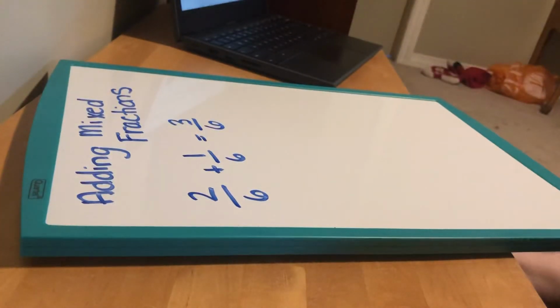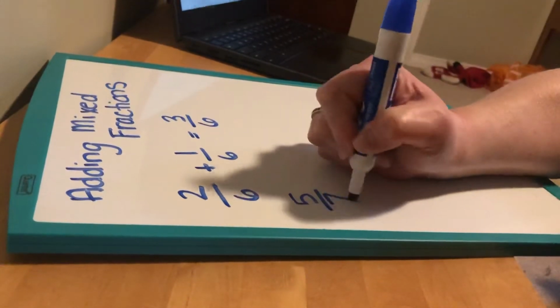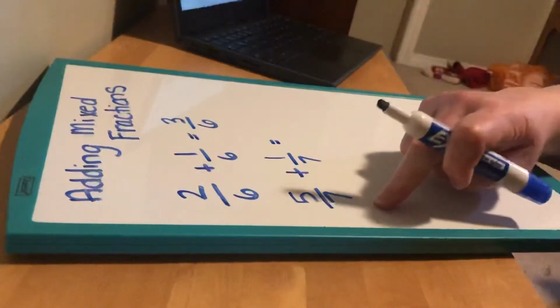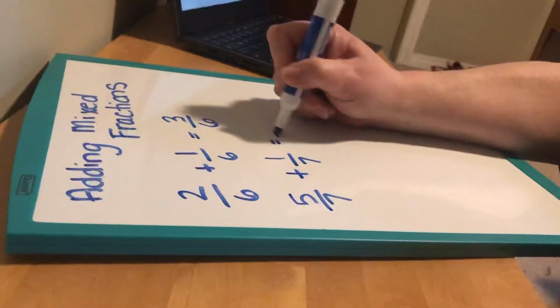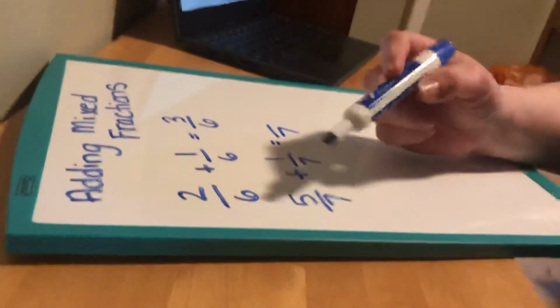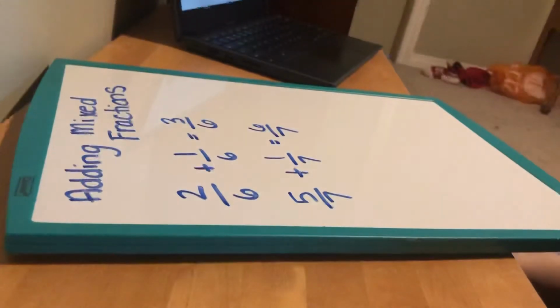We're not doing anything with them other than keeping them as sixths. So another example would be 5/7 plus 1/7. If the denominators are the same, then the denominator just comes across and we add the top, or the numerator. 5 plus 1 is 6 and we have 6/7, right? Easy enough to start.